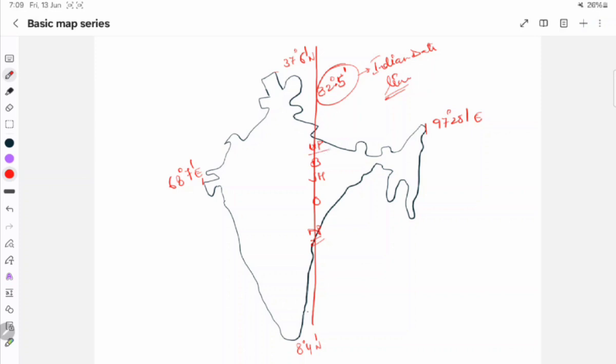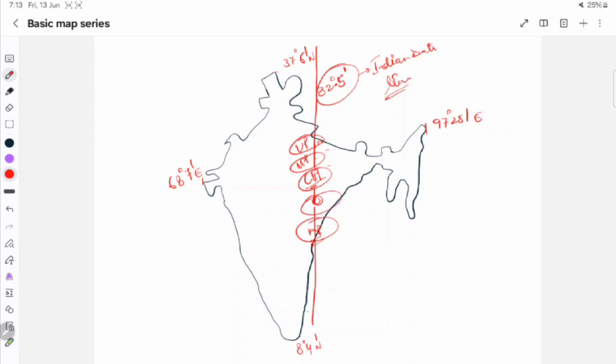Slightly here, we have UP, MP, then later on Chhattisgarh. Here we have Odisha, and here we have Andhra Pradesh as well. So we have seen the states from which this Indian date line passes: UP, MP, Chhattisgarh, Odisha, and Andhra Pradesh.